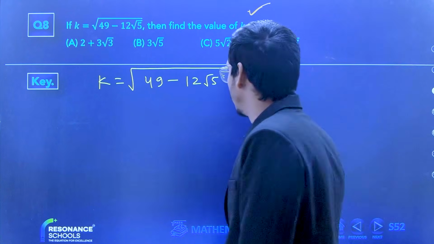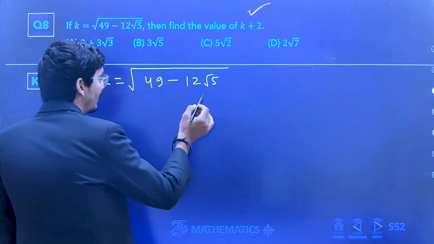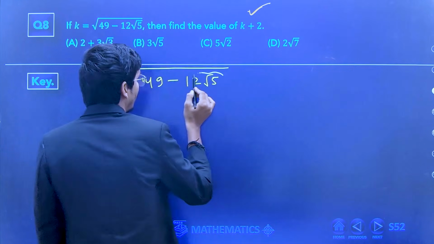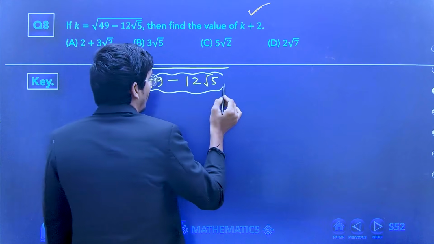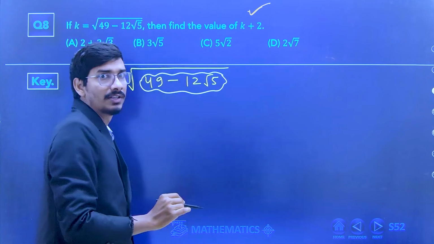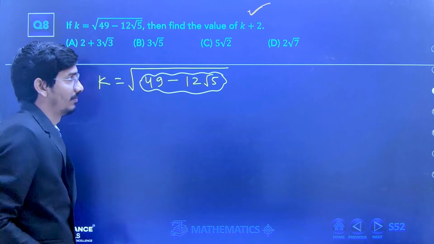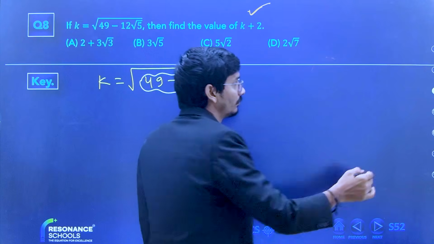Listen carefully. I just want to make this inside quantity a complete square, so that after that this root will be removed. So how, beta?